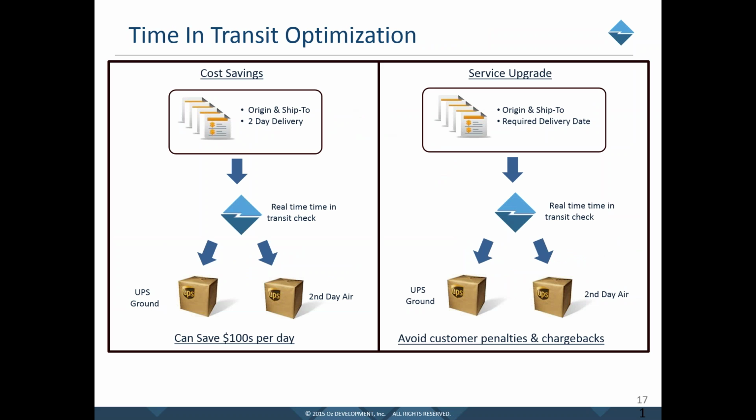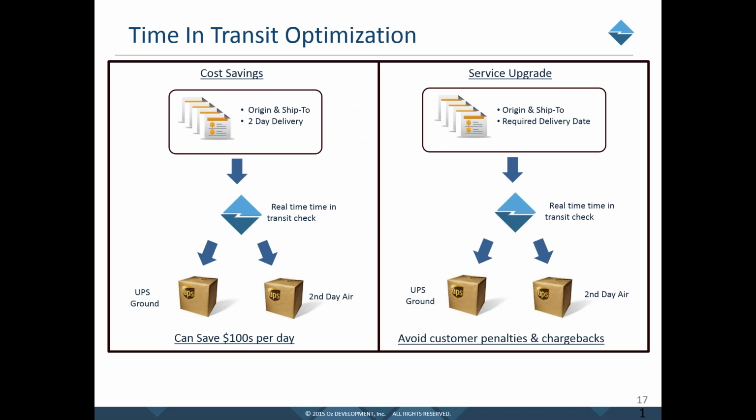Another common extension is looking at, as it's ready to be shipped, the service level: UPS ground, or should it be expedited, the right level. And there may be a change from the time the order was entered, or it might be trying to coordinate it with a delivery date.